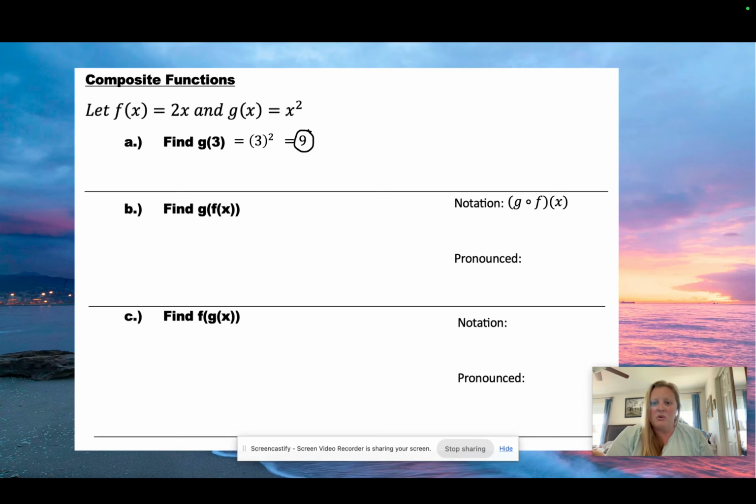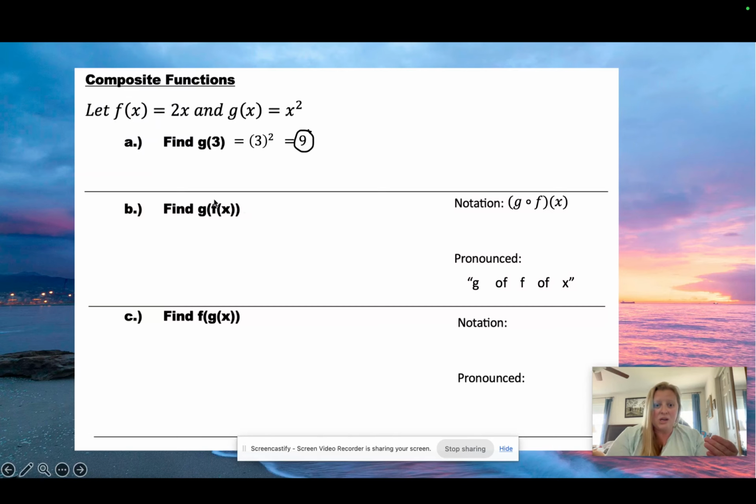All right, so what's important is to realize that this and this are the same exact thing. It's just a notation. Now, the way we pronounce this is G of F of X. So think of it like if you're reading this format, every time you come across a parenthesis, you say the word of.